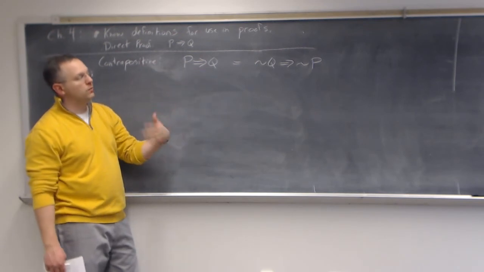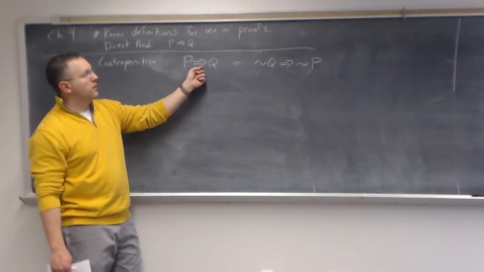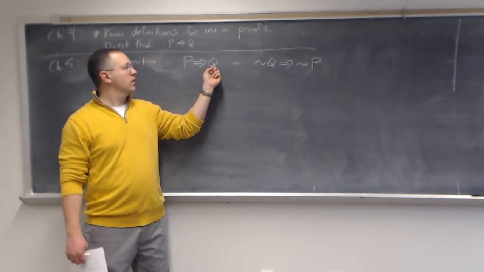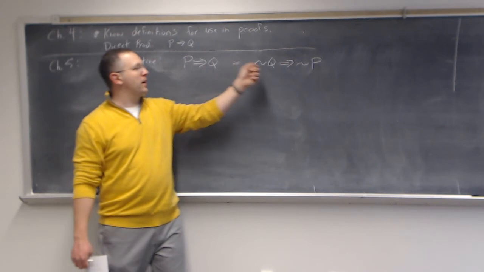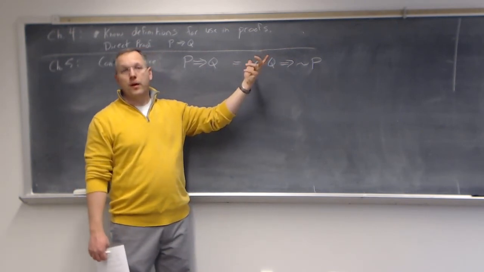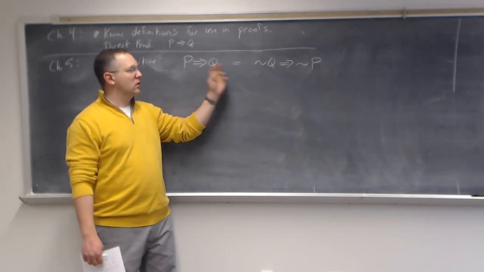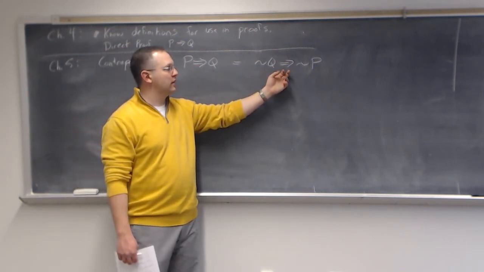I'll probably tell you to prove it by contrapositive, but the reason why it's good is because if this is a negative statement, then when you take the contrapositive, the negation of a negative statement would be positive. So it's nice when you have negations to prove them by contrapositives.